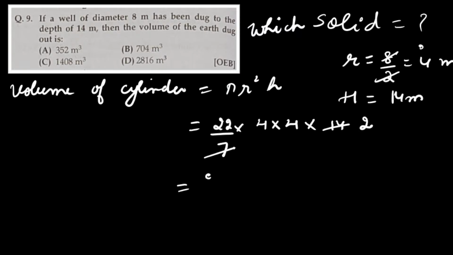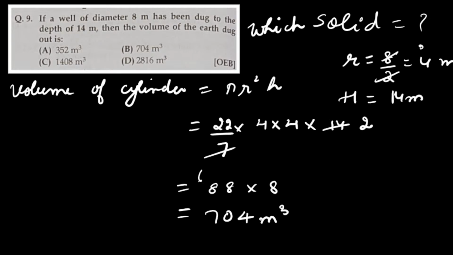What am I left with now? We can just multiply. 22 into 4 is 88, and 88 into 8 is 704. So which option? 704 meter cube, B option.